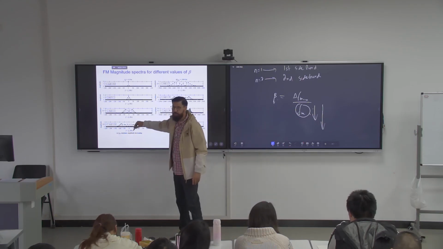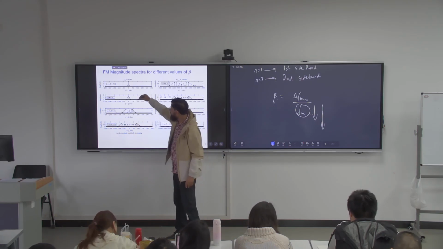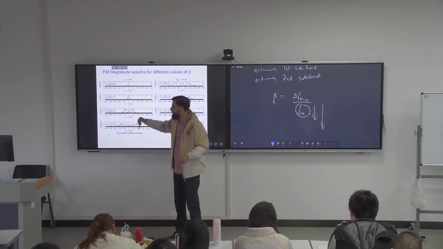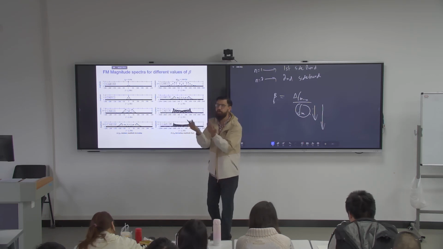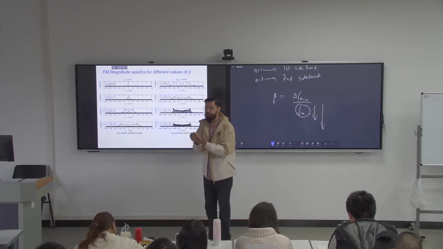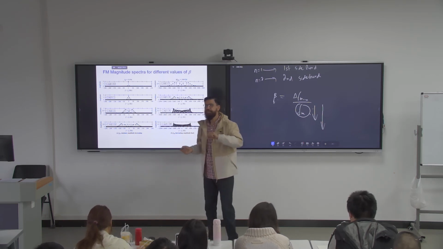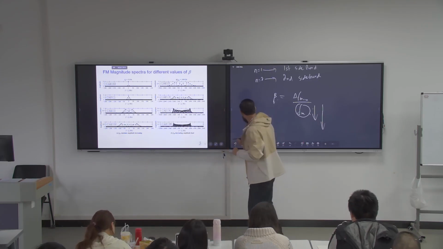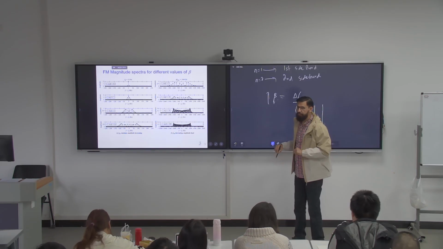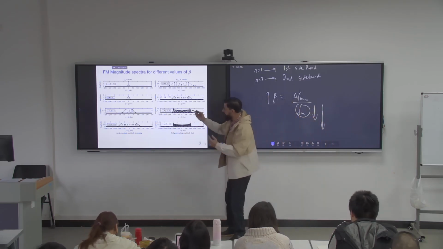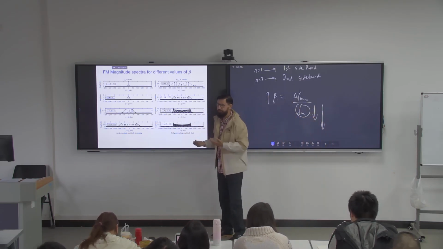I'm keeping FM constant for the power distribution, so power is distributed among the sidebands. And here, the sidebands are coming closer and closer because FM is decreasing. Why? Because beta is increasing, FM is decreasing, so they are coming closer and closer to each other.